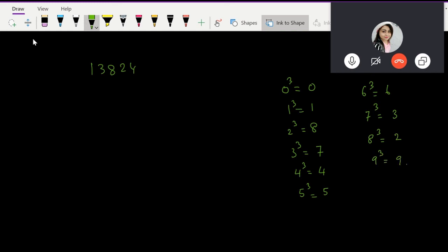This is how it works. I'm taking the last digit, like in 27, I'm taking 7. I'm just looking at the last digits.